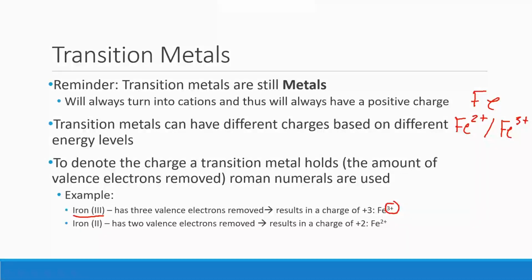That 2 immediately after iron shows you that iron has a charge of positive 2. Everything else works exactly the same, so you're going to put iron next to an anion, and then you'll crisscross the charges, and from there you will form an ionic compound.